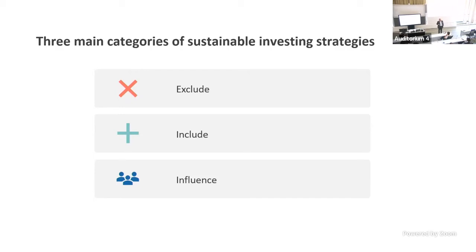And then a category that used to be very small, but is increasing rapidly, has to do with influencing. So that's basically when you say that, okay, this is not a very good company, but I think it's changeable. So we're going to take a stance here. We're going to take an investment, and we're going to try to influence the company to become better on this dimension.